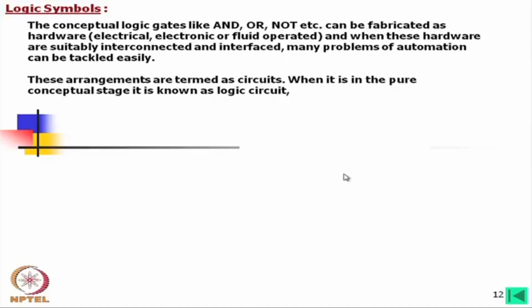These arrangements are termed as circuits. If such devices are put in sequence with a proper connection between them and we achieve a desired performance, then we call it a circuit, and we call it a logic circuit.